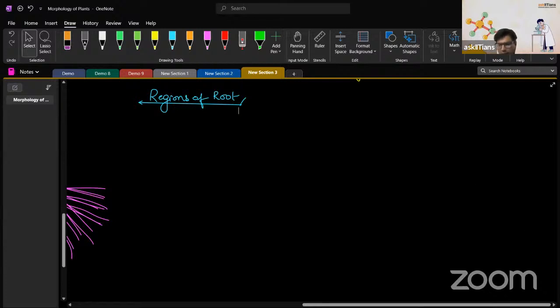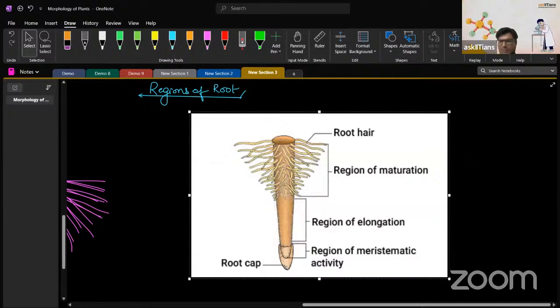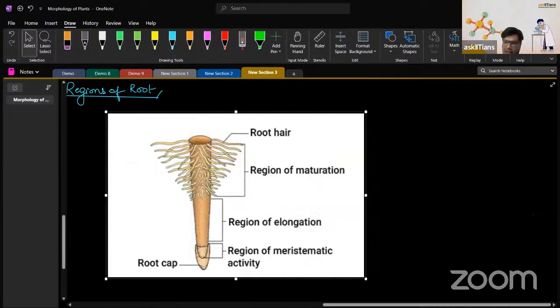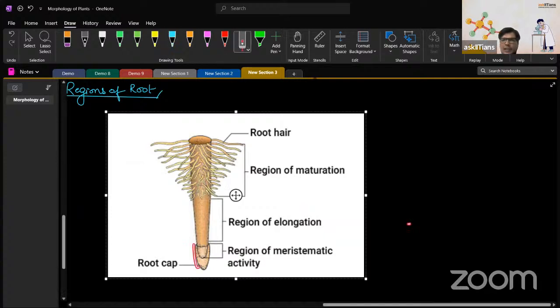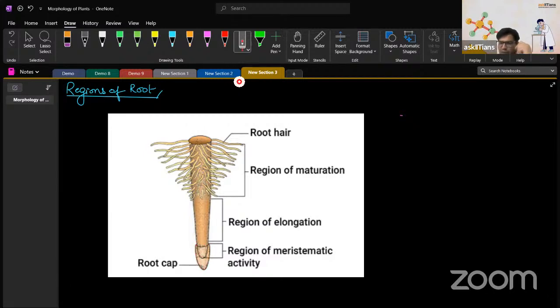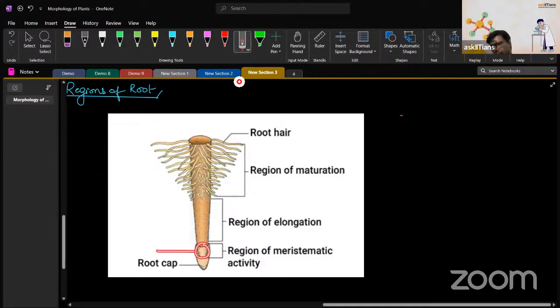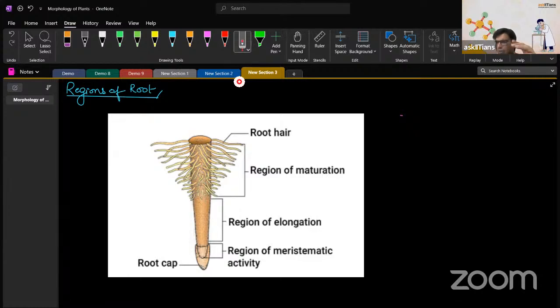First of all, the root consists of four major zones or regions. At the tip, we have the root cap. It is a cap-like structure made up of very thin walled cells, and it covers the apex. Apex means the tip, right? So this is the root apex, and the root cap covers the tip. Made up of dead cells, it protects the young growing cells present in the meristematic zone.